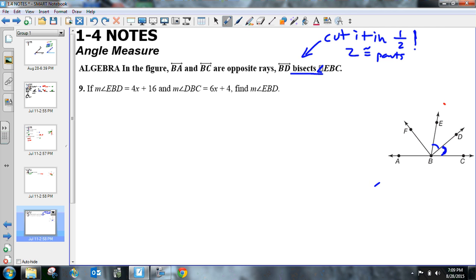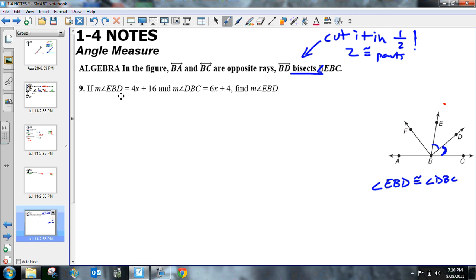So I can say this, that angle EBD is congruent to angle DBC. Okay, you can name this a couple of other ways, but I can make this statement. If BD bisects an angle, then I have two things that are equal to each other, or they're congruent.